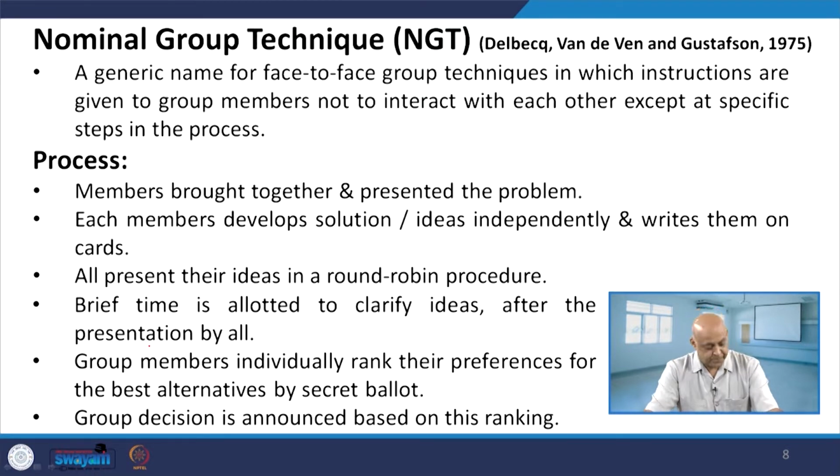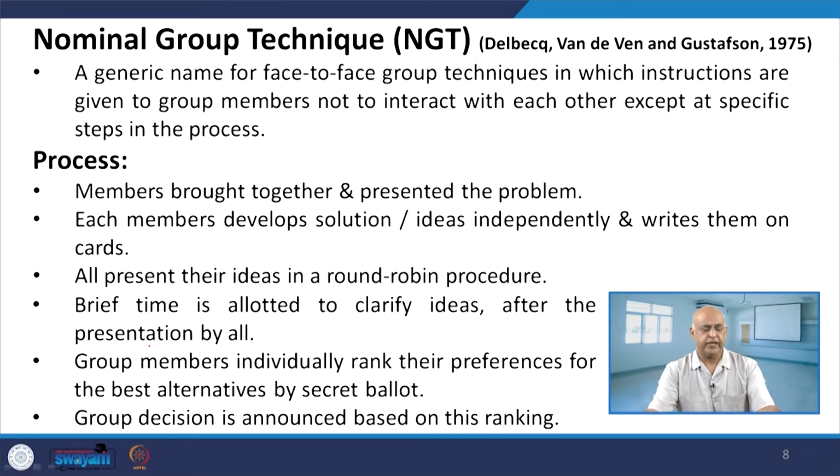So this group decision becomes a very important issue whenever we are talking about taking decisions by the group, because it will be based on the discussion and the clarifying of ideas, right.